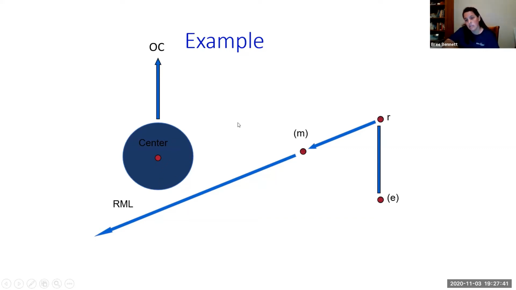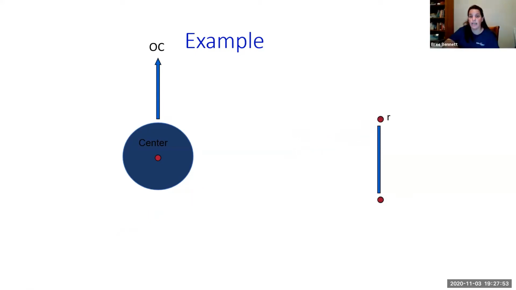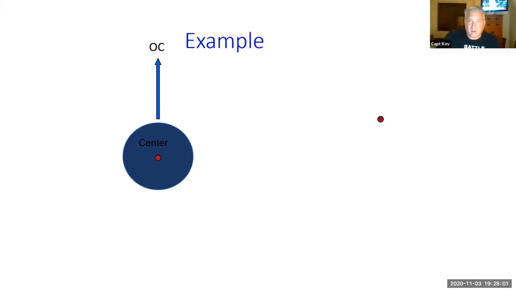Yes? How did you get that point for the E? Was there a given distance that you placed it, or was it just random, but it had to be parallel? No, not random. It is my own ship's vector, meaning my course and my speed. How fast am I going?